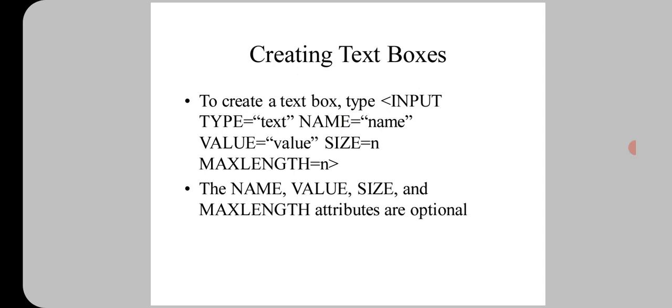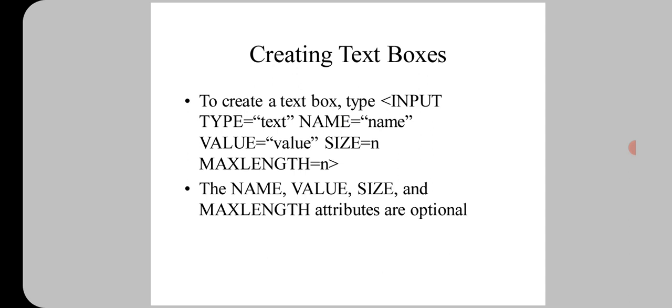To create any type of form control, like a text box control, list box control, submit button control, reset button control, checkbox control, or radio button control, we may use a common tag called the input tag.